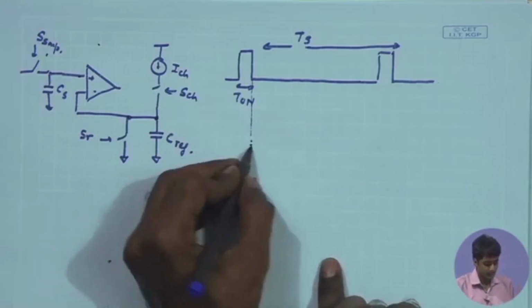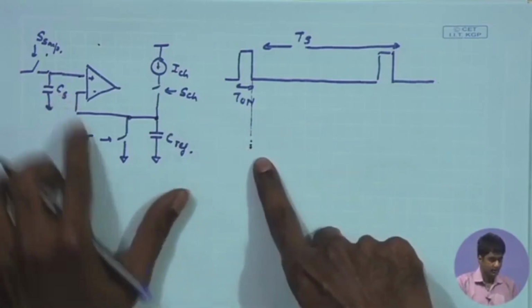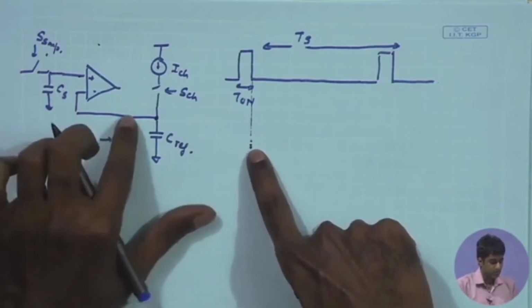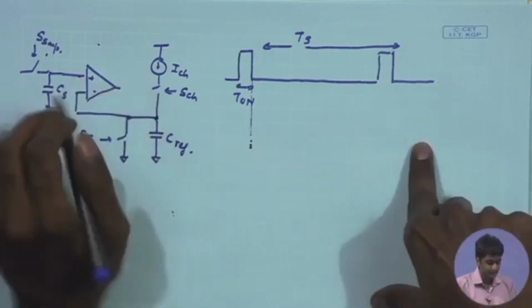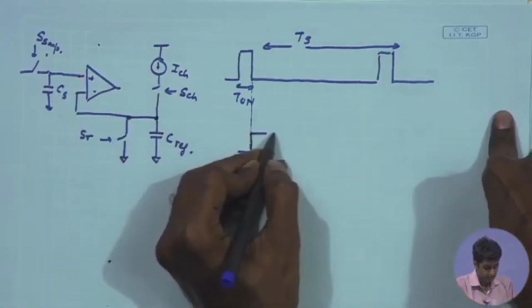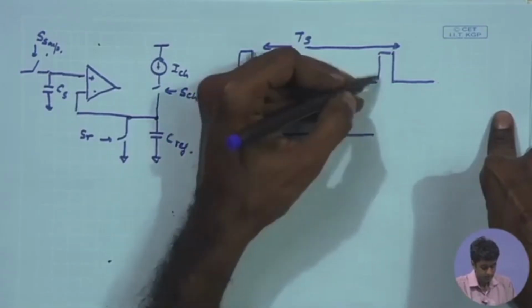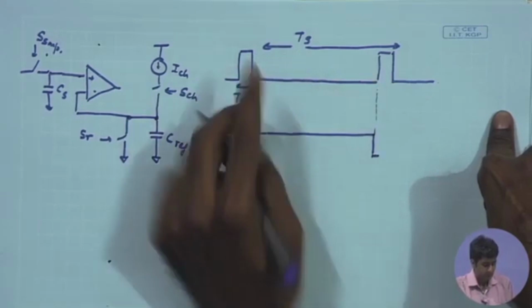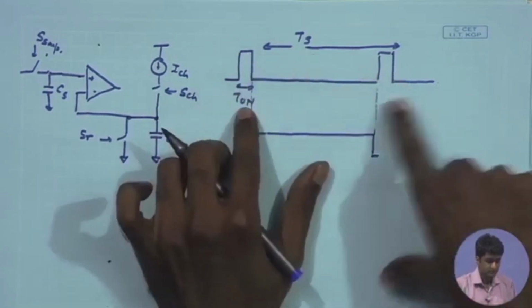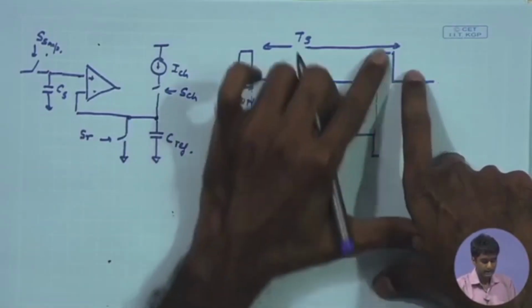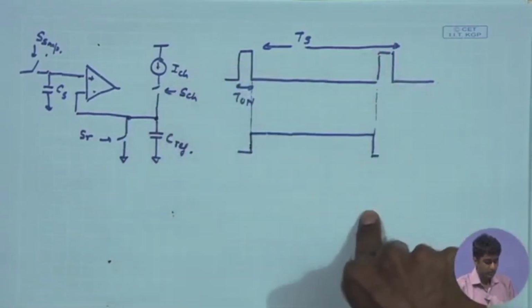And I would like to start my conversion or the ADC operation at that point, and therefore it is the right point to put the S charge on. So I would like to put my S charge on at this point and keep it on throughout the entire TS minus T on. Just before the T on gets activated again, I would like to bring it down.